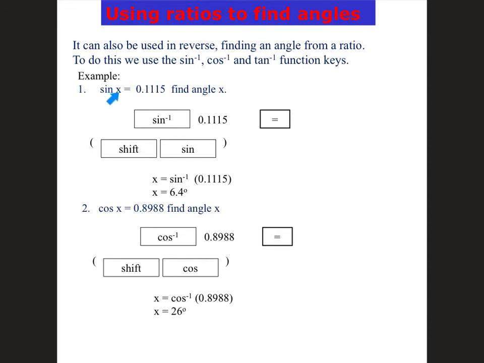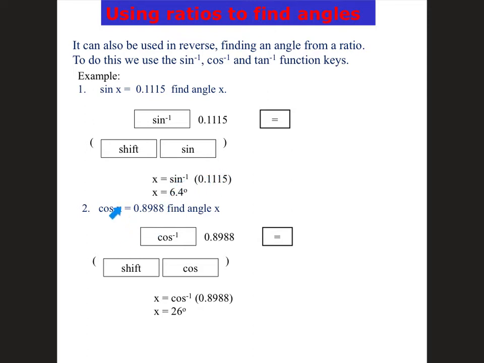For example, if you're given that sine of x is equal to a number and you're told to find the angle x, you identify the sine inverse on your calculator, press it, and then enter the number given, and that will give you the angle. Sometimes you have to press shift sine to access it.